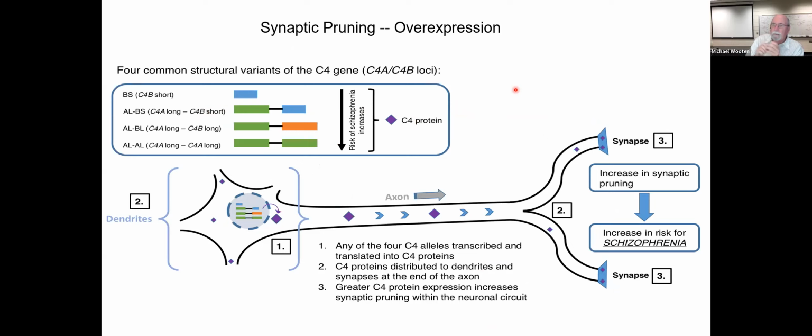Meaning there's a lot of pruning of the transcript itself, post-transcriptional, to make either a short variant, which contains the exons that make the C4B variant, which is one of the common ones. There's the C4A long, C4B short, and there are all these variants of this.